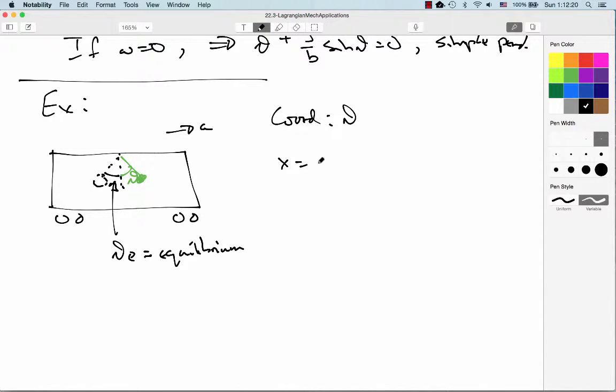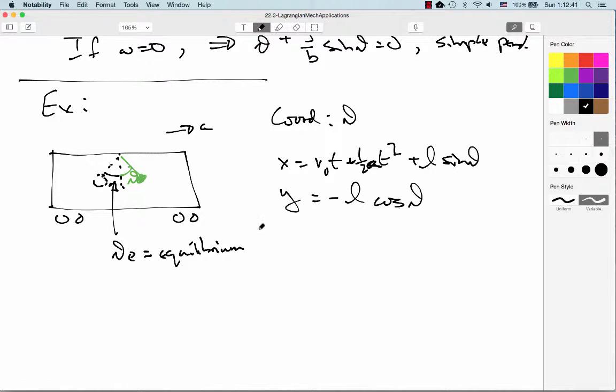So we know that x is equal to v naught t plus 1/2 a t squared. That is the x coordinate of the train as we accelerate, plus L sine theta. Our y is equal to minus L cos theta.